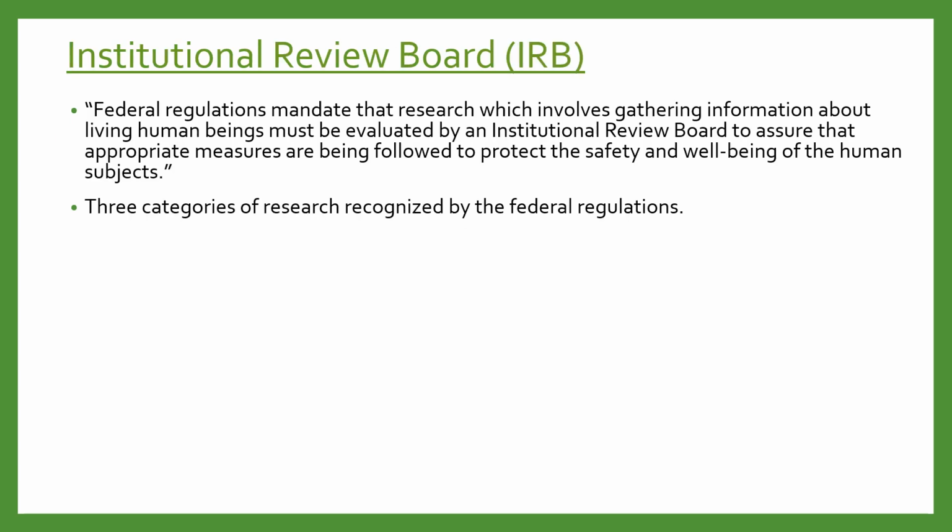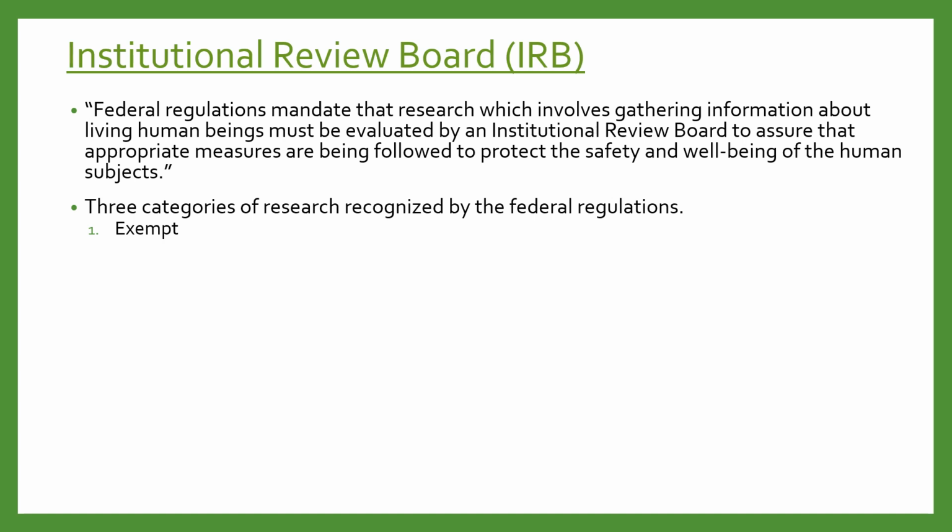So all academic institutions have a governing body of researchers and experts who serve on an institutional review board, or IRB. And they assure that appropriate measures are being followed to protect the safety and well-being of the human subjects who participate in research. So there's 3 categories of research under the IRB. Some research is considered exempt from the federal regulations set forth in the Belmont Report.